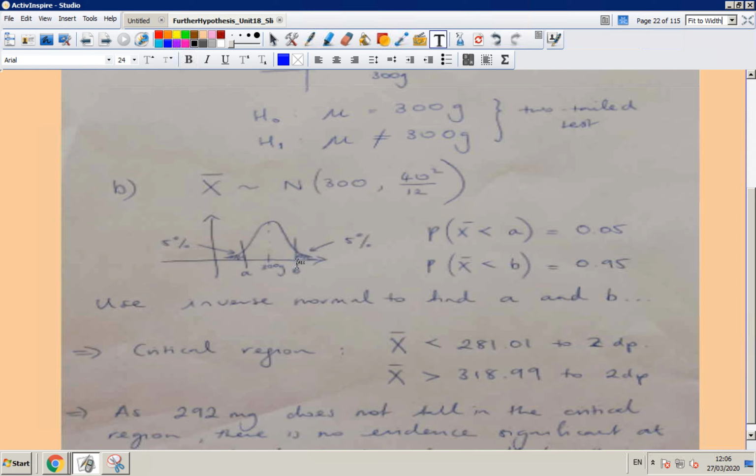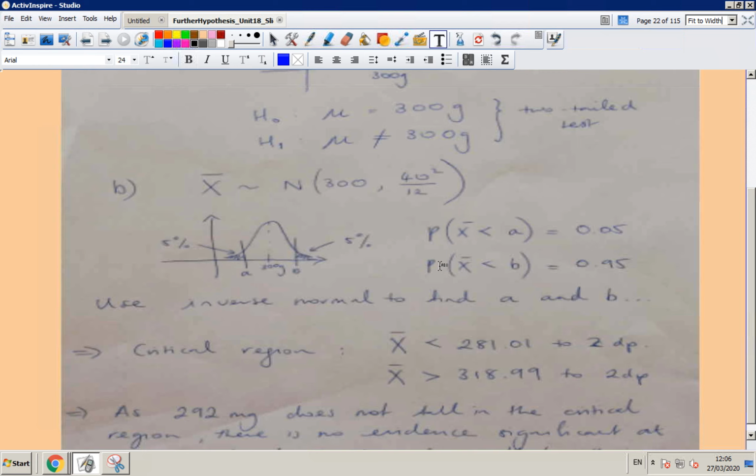And at the top end of the tail, we're saying, if we've got this sample mean of B, something above 300 grams, then again, if we get that value or something more extreme, there's a less than 5% chance of that happening under the null hypothesis. Okay, so we want to find these two values, when the probability that the sample mean is less than A is equal to 0.05.